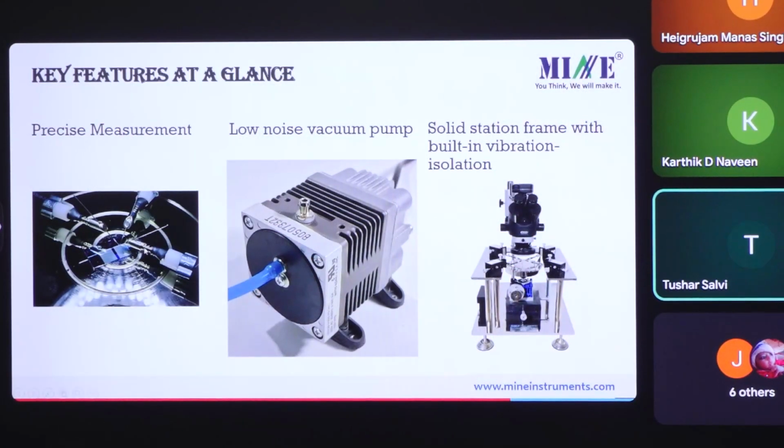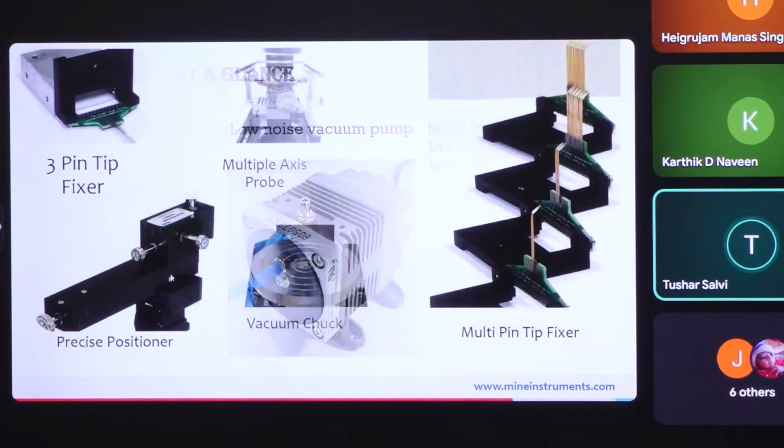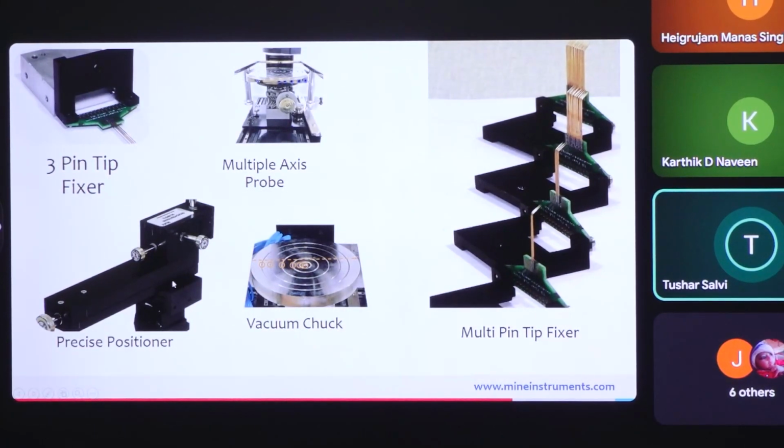One more thing: according to user needs, we have developed 2 types of sections. Let's suppose this is the precision positioner, where you get precise movement from the upper side, and you get fast movement from this section. This also has a powerful magnet that works according to user need.